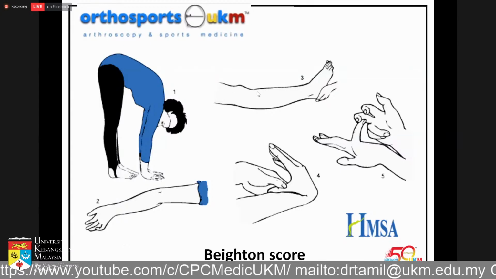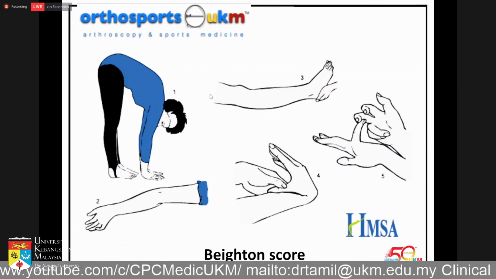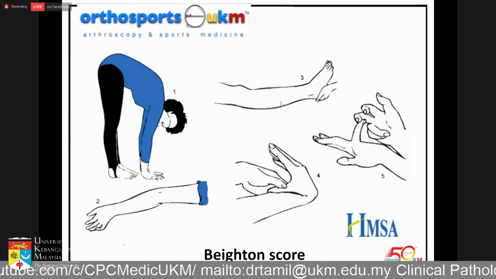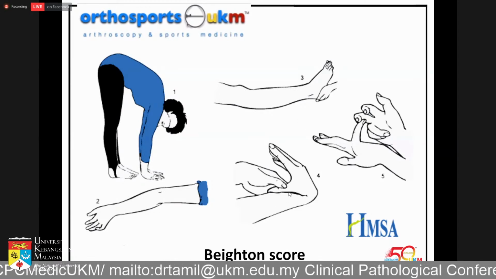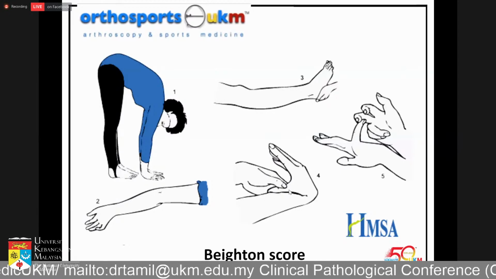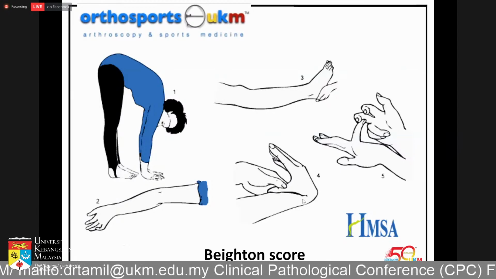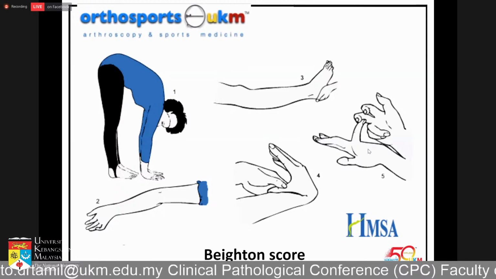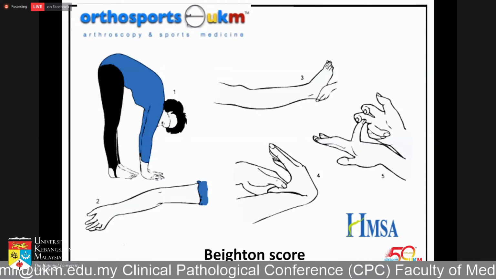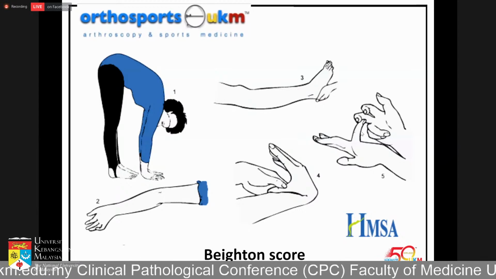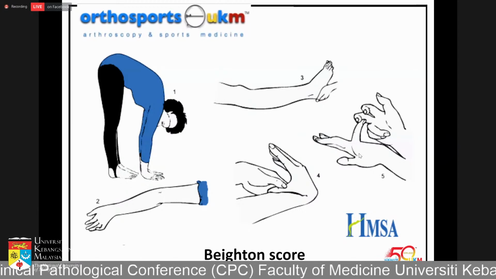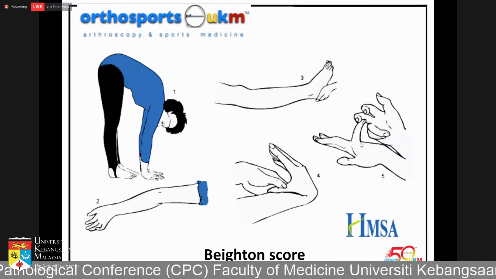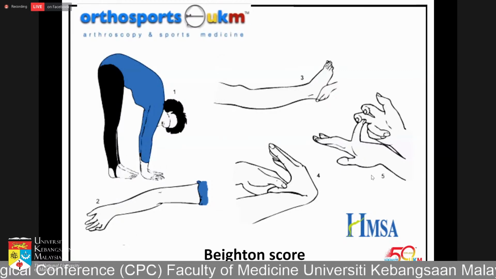Then we look at the knee joint, where there is also hyperextension of more than 10 degrees. Then we look at the thumb. If the patient is able to flex the thumb and the thumb is able to touch the forearm, that's another point. And lastly, we look at the little finger. If he or she is able to extend the little finger at the MCP joint more than 90 degrees, that's another point.